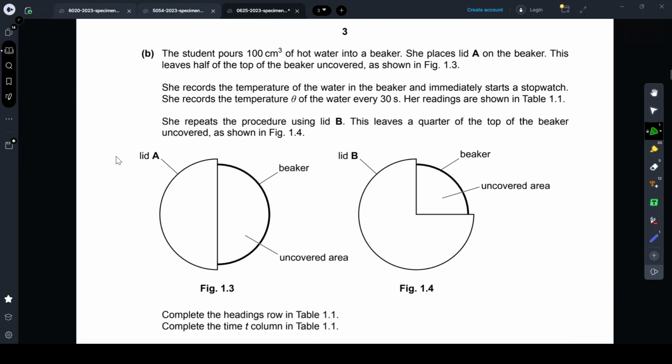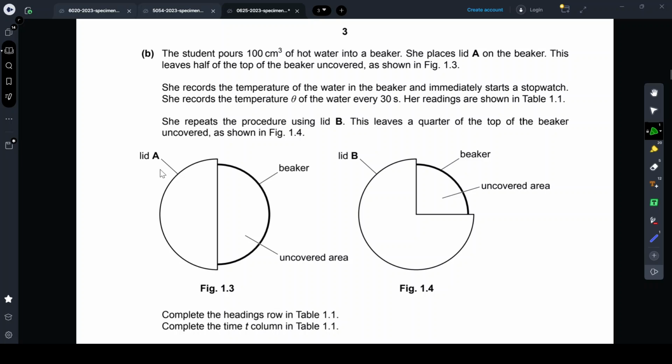So a student pours 100 centimetre cubed of hot water into a beaker. She places lid A on the beaker. This leaves half of the top of the beaker uncovered. She records the temperature of the water in the beaker and immediately starts a stopwatch. She records the temperature theta of the water every 30 seconds.